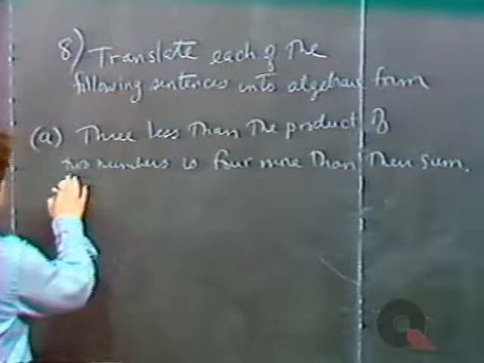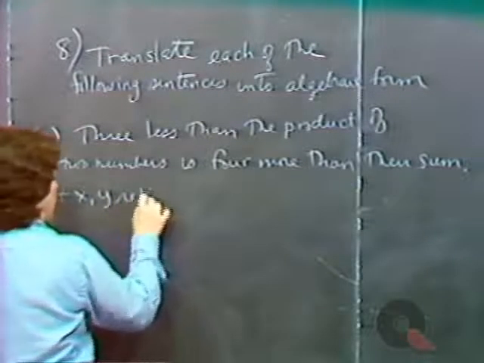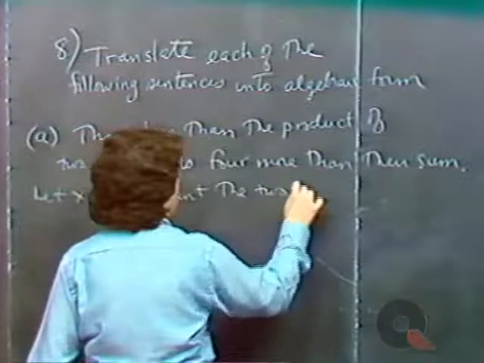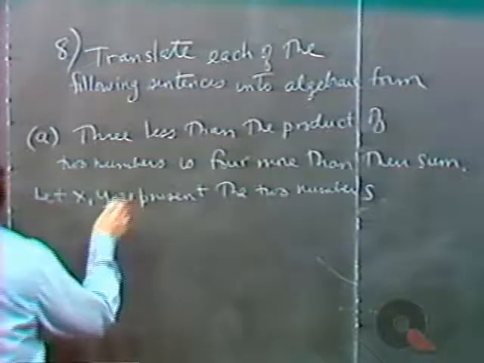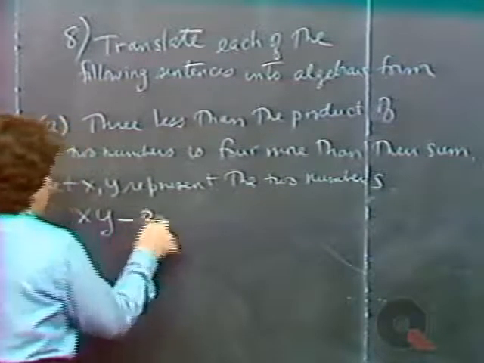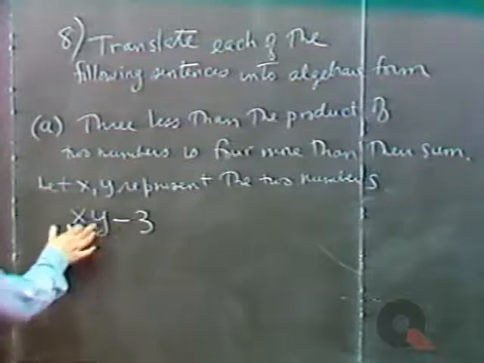I'm going to let x and y represent the 2 numbers. Okay, 3 less than the product of 2 numbers. Well, the product of the 2 numbers is x times y. 3 less than the product of 2 numbers is xy minus 3.